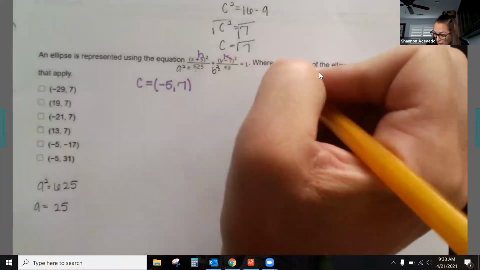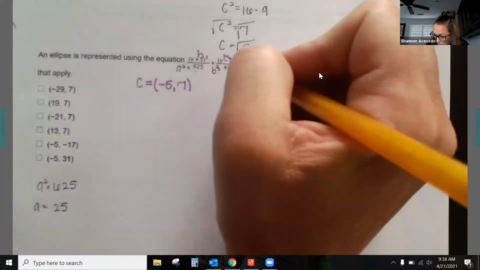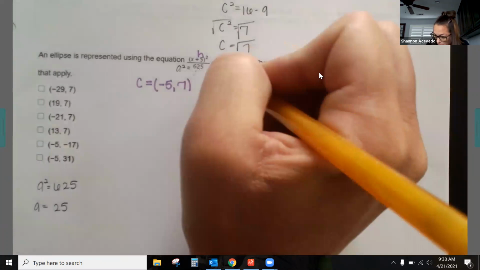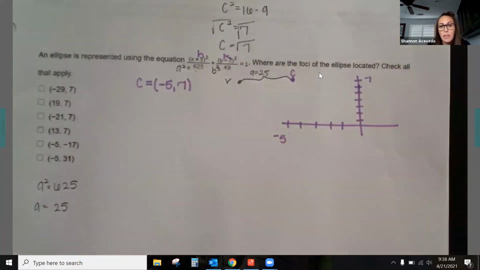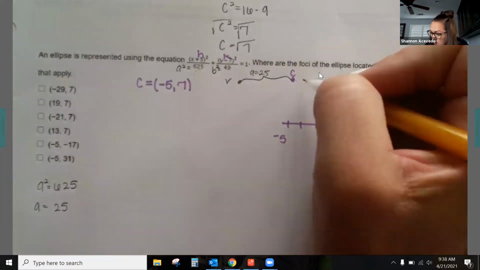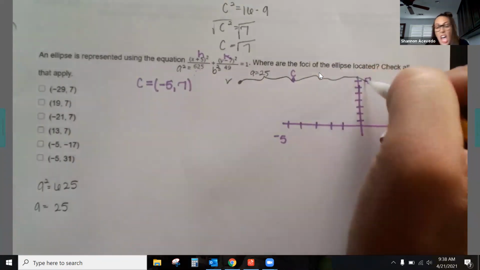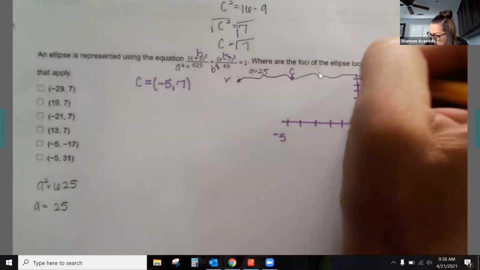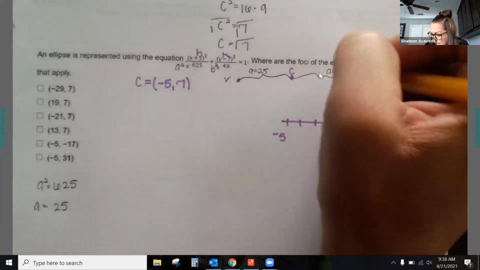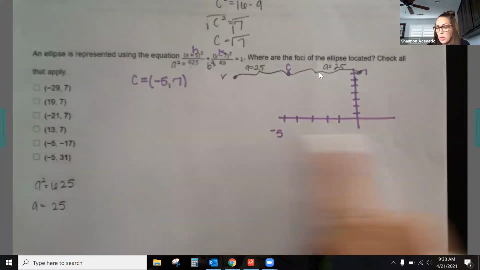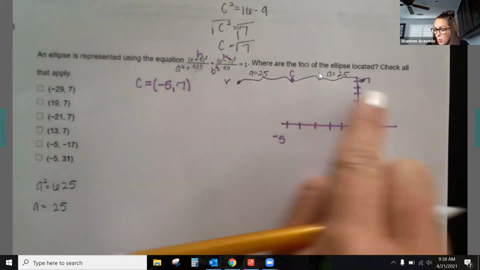I would go 25 to the left to get to my vertice, and this isn't going to be to scale. And I would go 25 to the right, not to scale, to get my other vertice. So ignore the left and right, but this is a distance of 25.